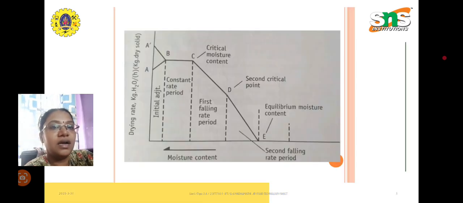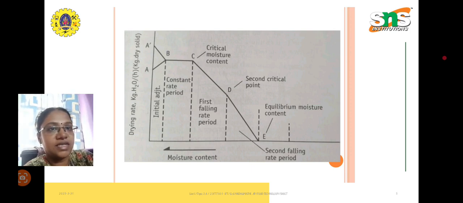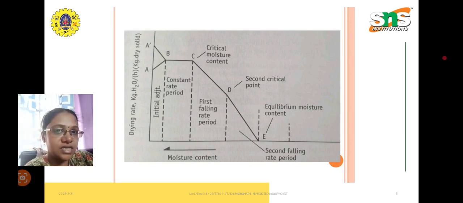So in this picture, we can categorize that the drying process takes place in almost two stages, the first and the second stage, with the moisture content on the x-axis and the drying rate on the y-axis.